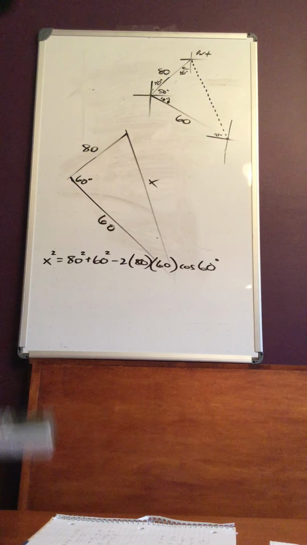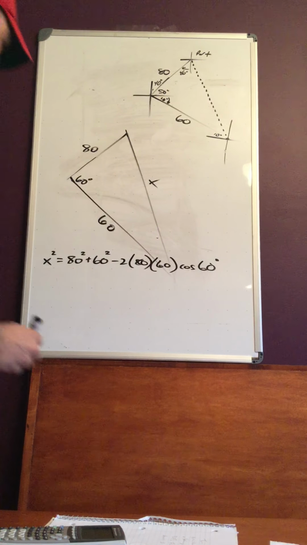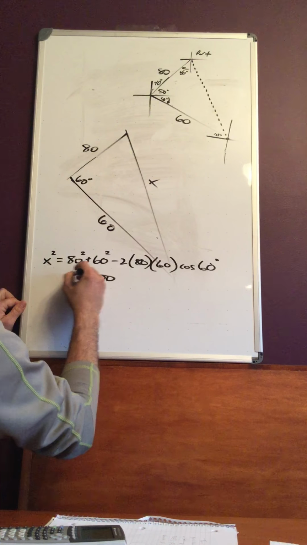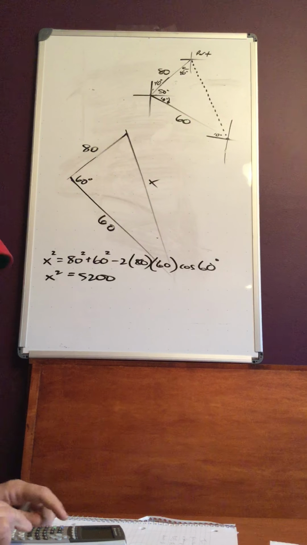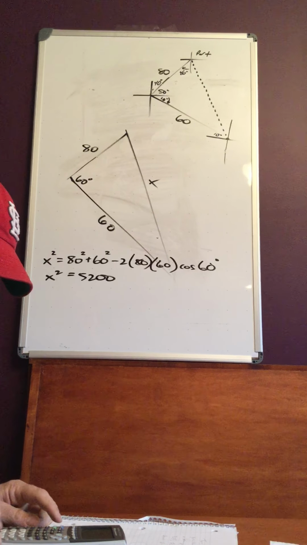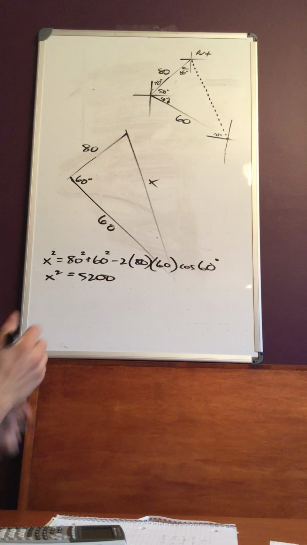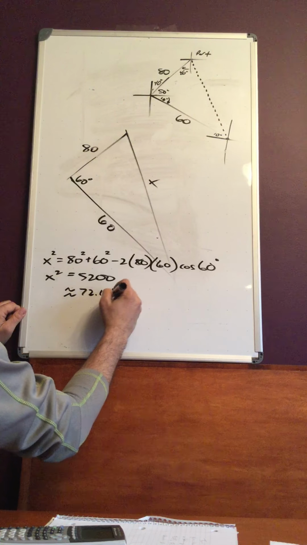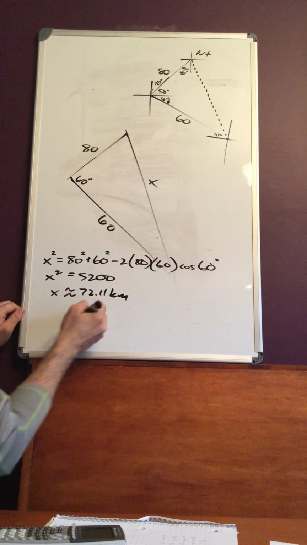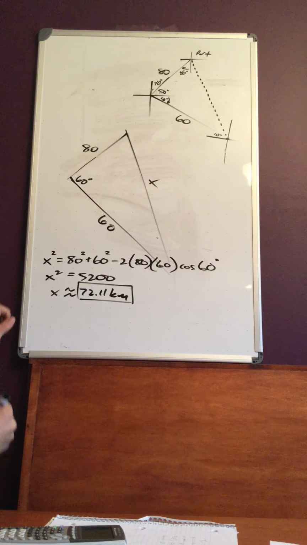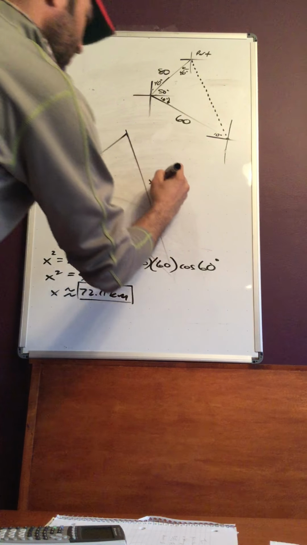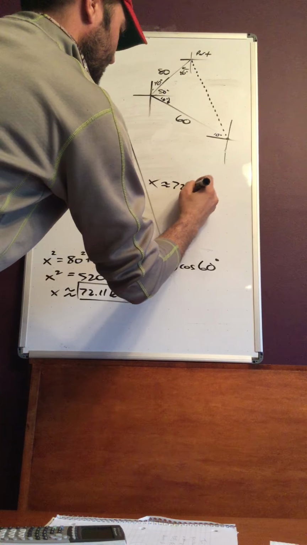Do not forget to square root that. And when we do that, we get about 72.11 kilometers. So 72.11 kilometers is the distance here.